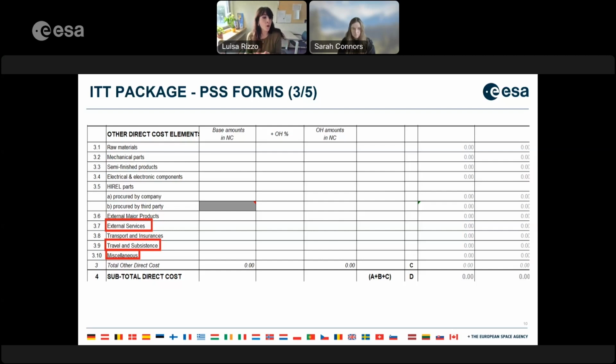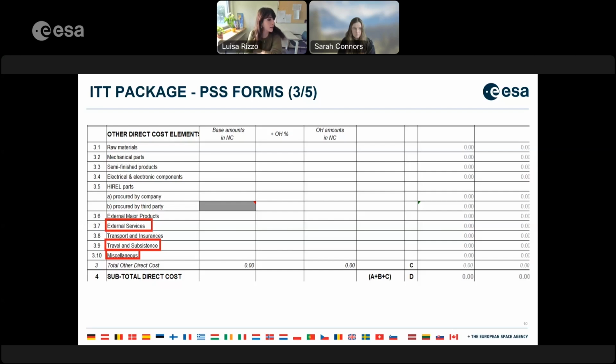You have a few columns where you are asked to, first of all, define and clarify for which line you are providing the details, because the Exhibit A is simply a more specific and detailed breakdown of this section of the PSS A2. So in the very first section of the exhibit, you will be asked to mention the corresponding line of the PSS A2, and to provide all the information of the other direct costs claimed.